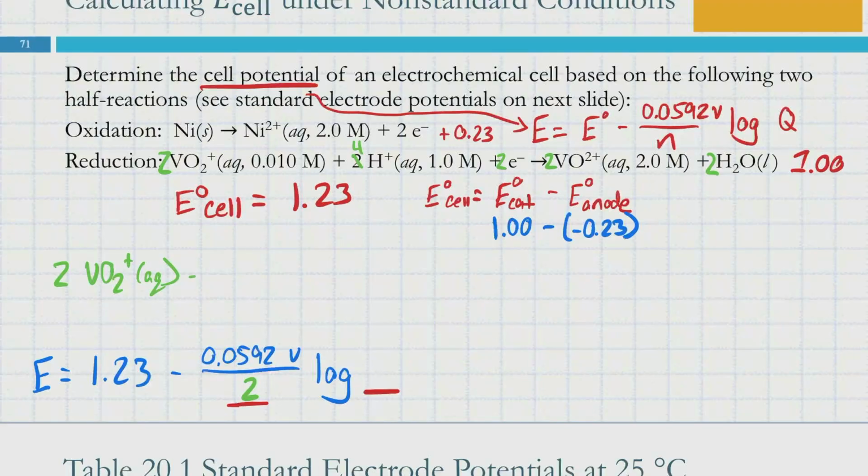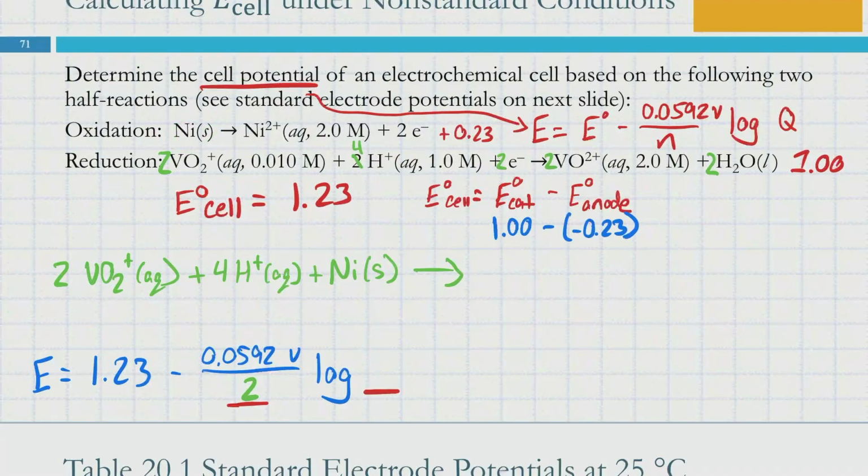I'm not going to write the concentrations down just to save some time and space. And I'm ignoring our electrons as well. So that's everything on the reactant side. We've got our VO2 plus species. We've got our protons. We've got our solid nickel.